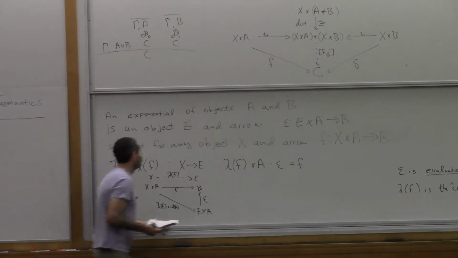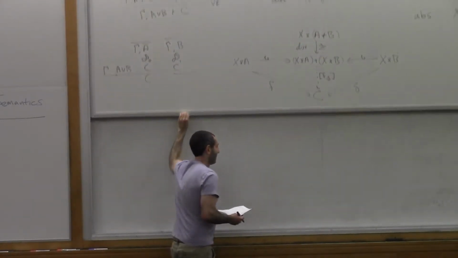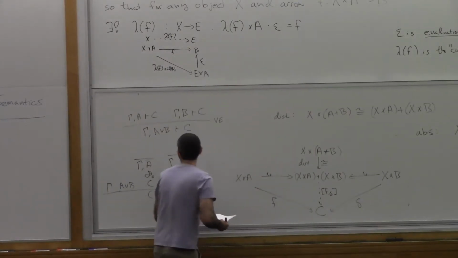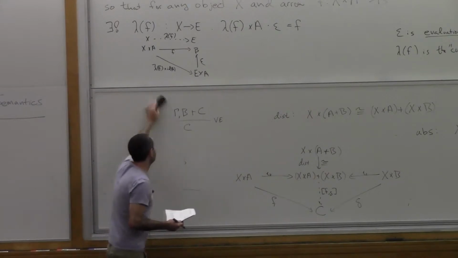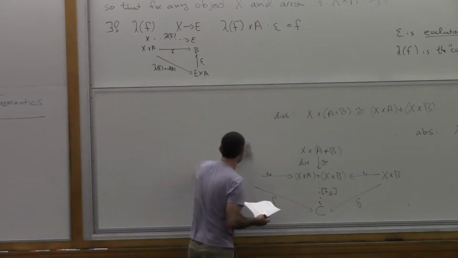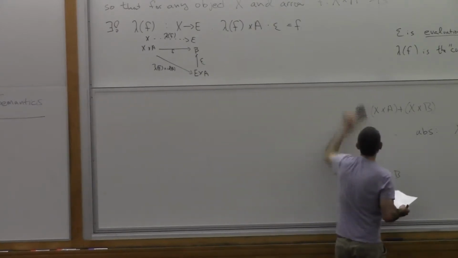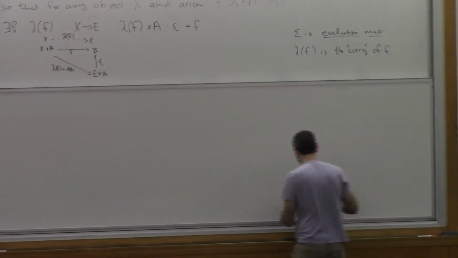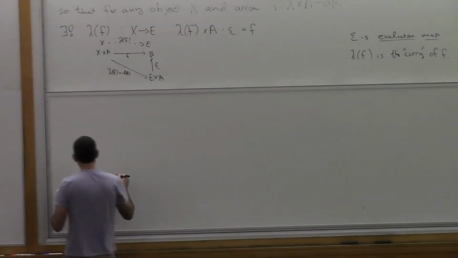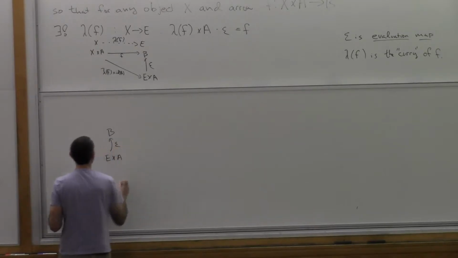Okay, so we just met a new universal construction. So what does Socrates tell us we should do to it? Probe it. All right, so let's see what that means in this case. So here we have E cross A to B, the evaluation map.